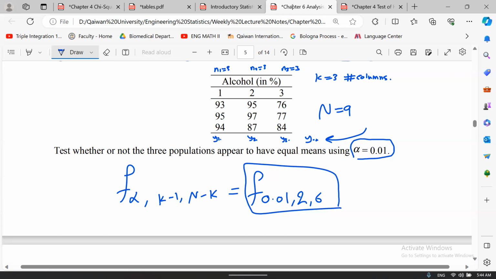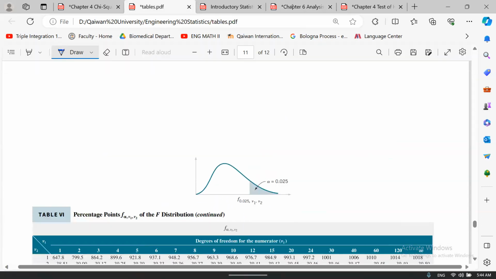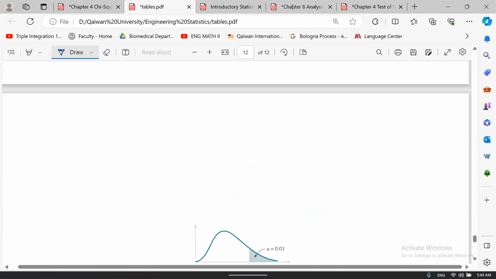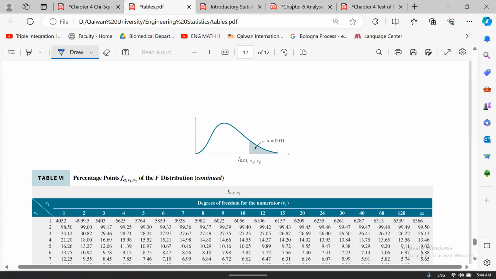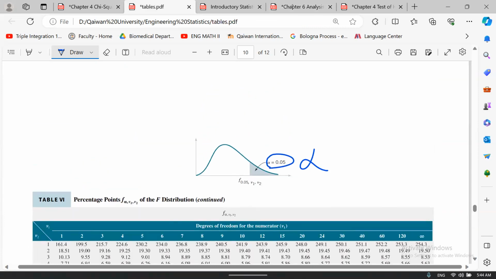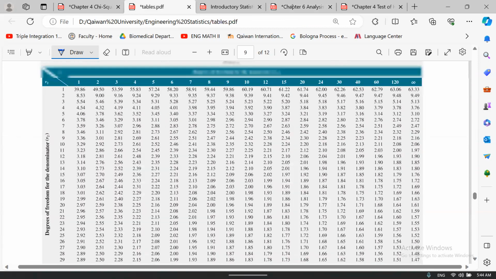First, look at alpha. And then go on to the tables. Alpha here is 0.025. So that's it. Okay? That's not the table that we need. We have many tables for F. This is not it, as we have 0.01 for alpha.